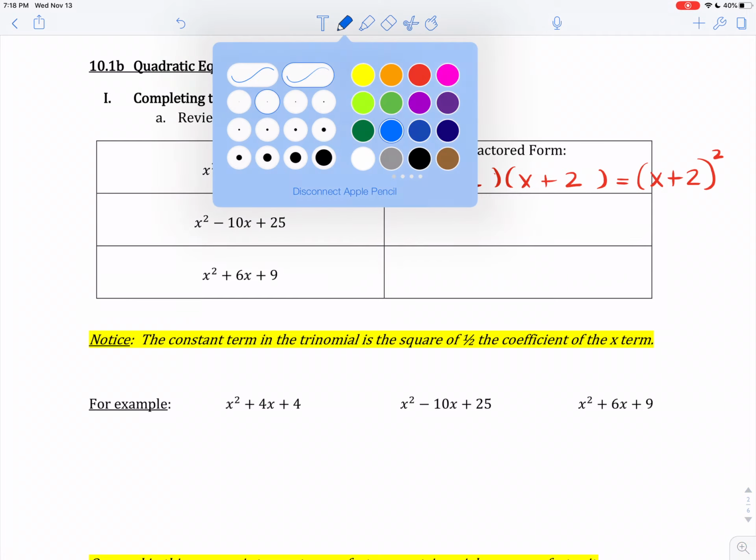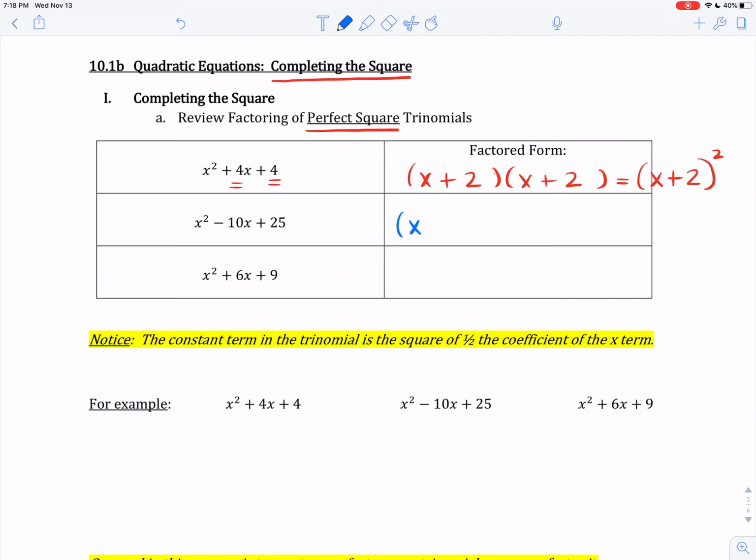Similar thing for the second one here. If I were going to try to factor this one, I would need two numbers that multiply to give me positive 25 and add to give me negative 10. That would be negative 5 and negative 5, which again would give me a perfect square when factored.